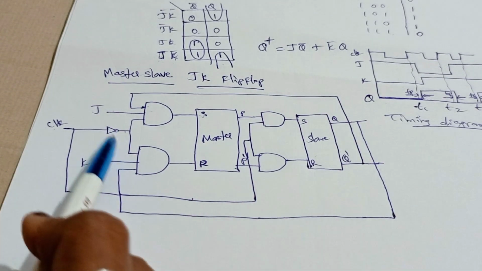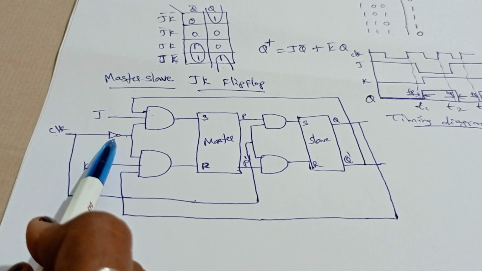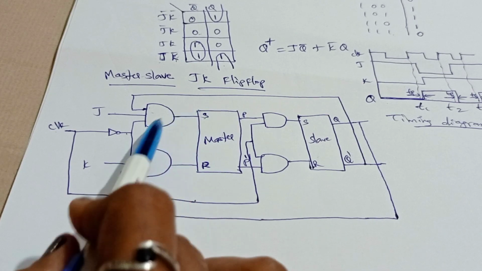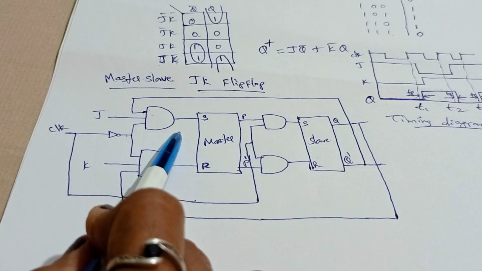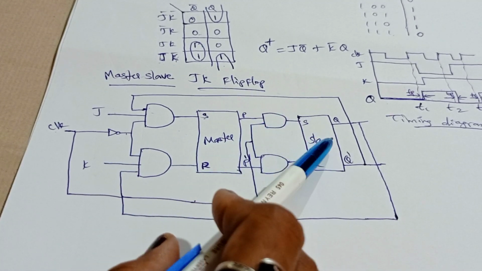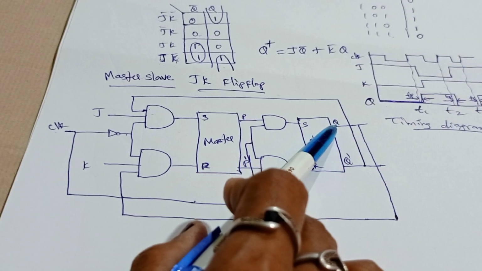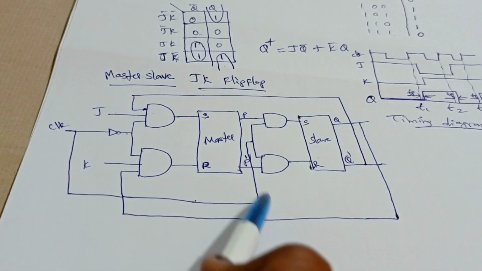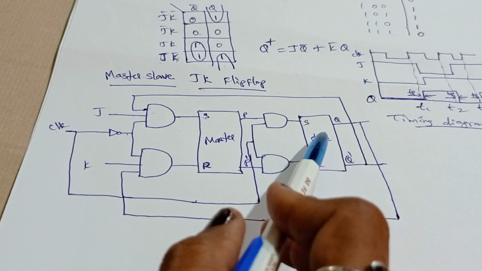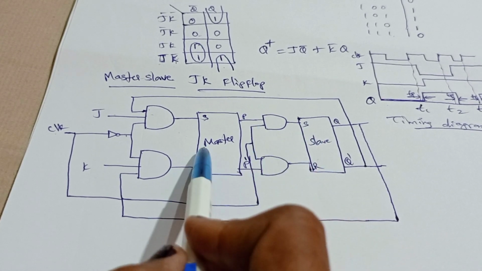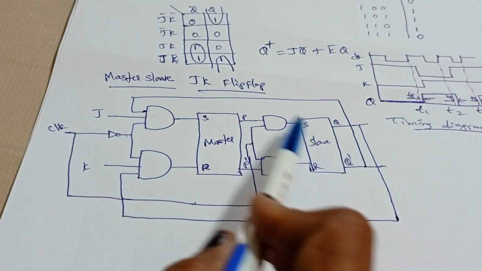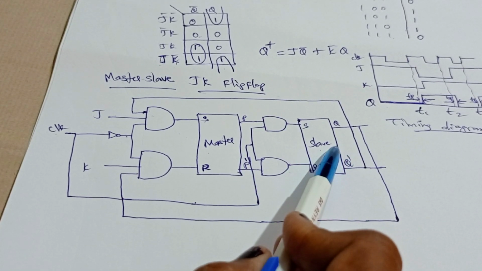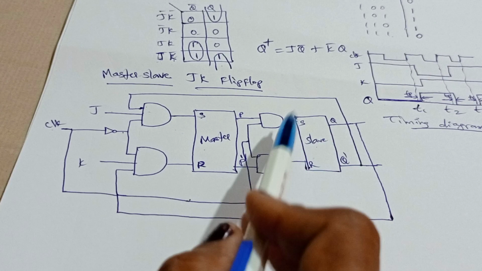When you are applying inverted clock, once the master is working, it gives the output and the slave is holding the previous Q output values. When the slave is active for the next clock pulse, the master transfers the output through these gates and now Q will be activated.